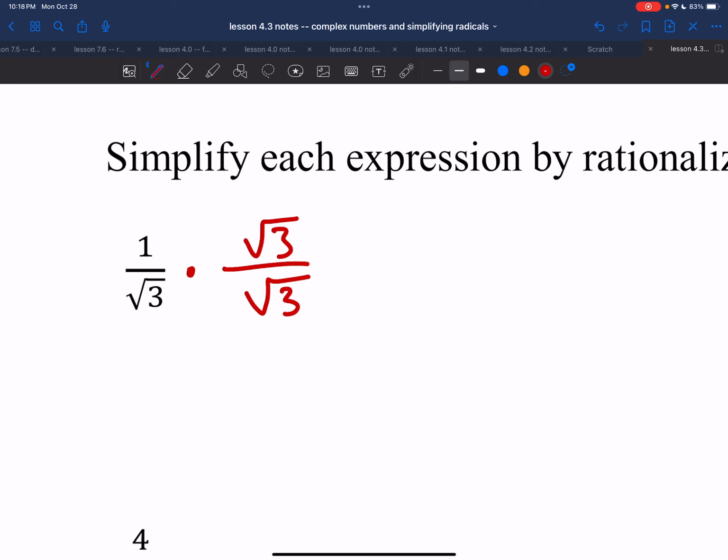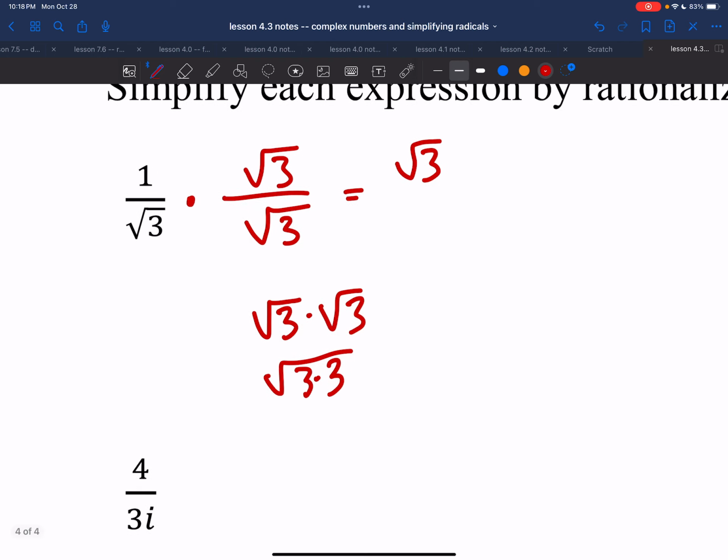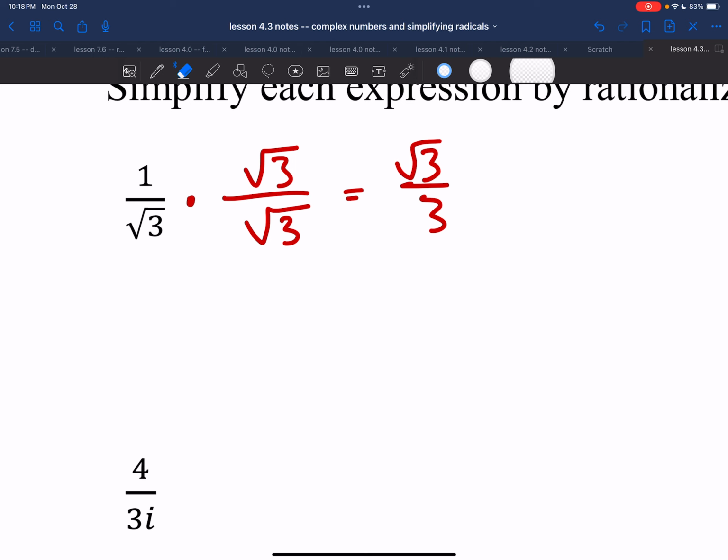You could just say, okay, take 1 over root 3 and multiply by root 3 on top and bottom. 1 times root 3 is root 3. And the bottom is root 3 times root 3, which is just root 3 times 3, which is just root 9, which is 3. So the bottom becomes 3. And you are done. Okay? Done.